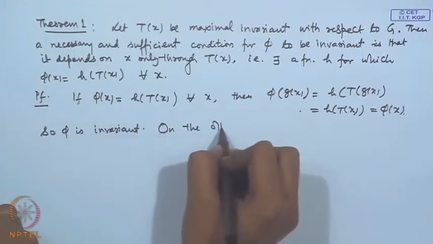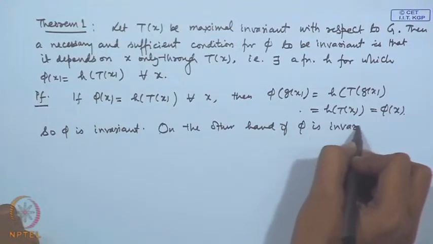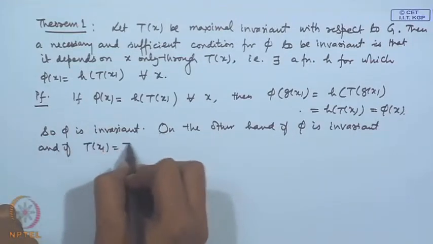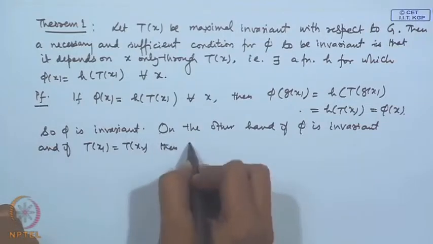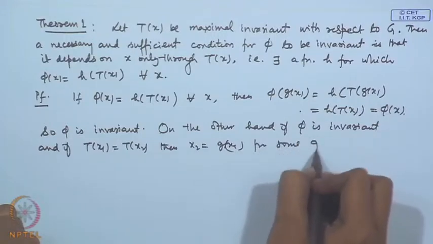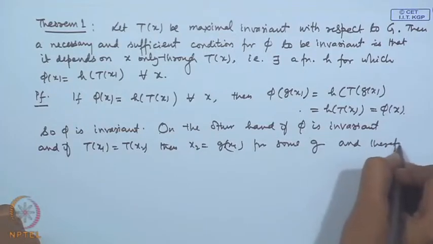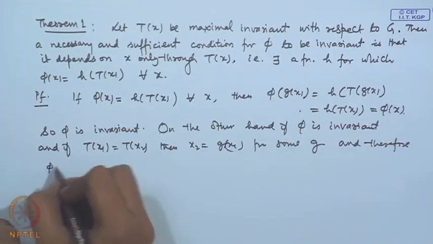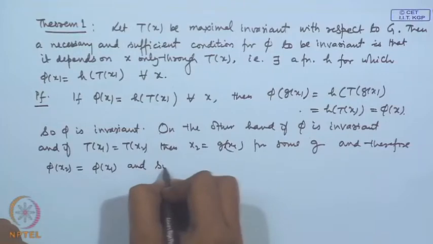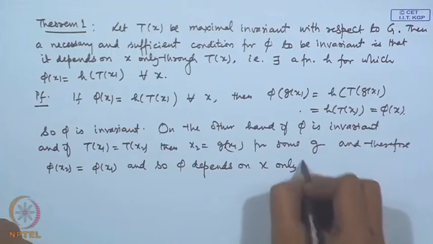On the other hand, if phi is invariant and if T of x1 is equal to T of x2, then x2 is equal to g of x1 for some g, and therefore phi of x2 is equal to phi of x1, and so phi depends on x only through T(x).